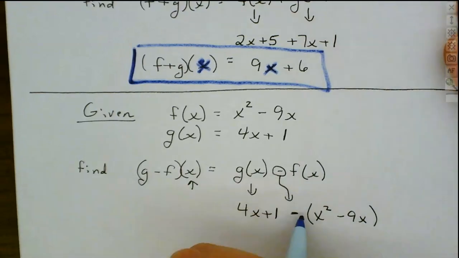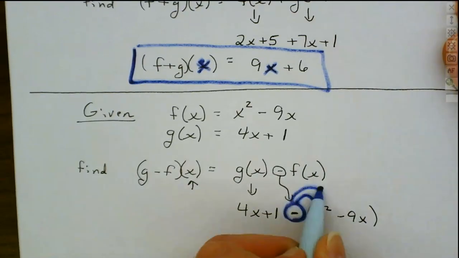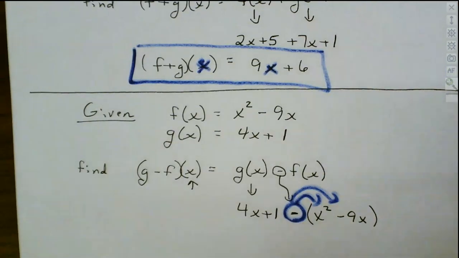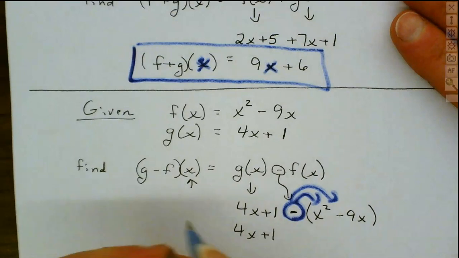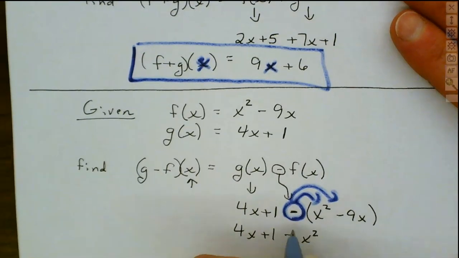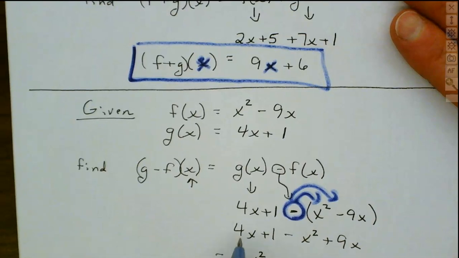Distribute your negative through, and then finish it. So distributing that through, it's 4x plus 1 minus x squared. Negative and negative makes it a plus 9. So now we can rewrite this as a minus x squared. 4 and 9 makes it a 13x and a plus 1.